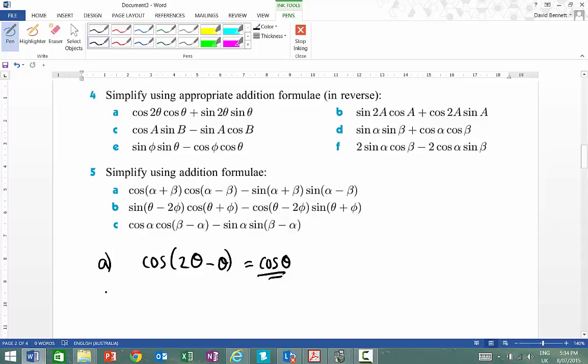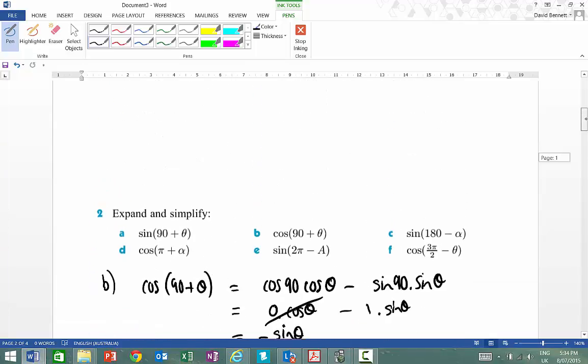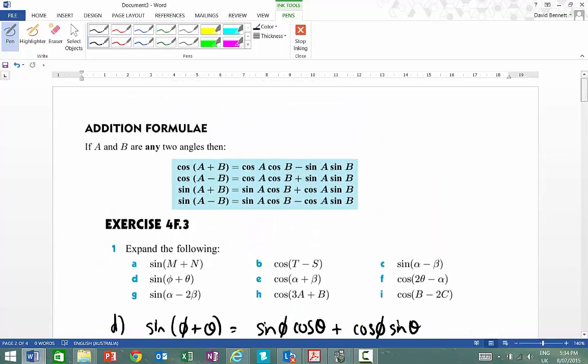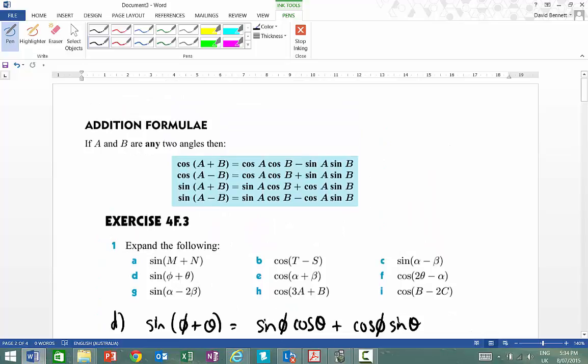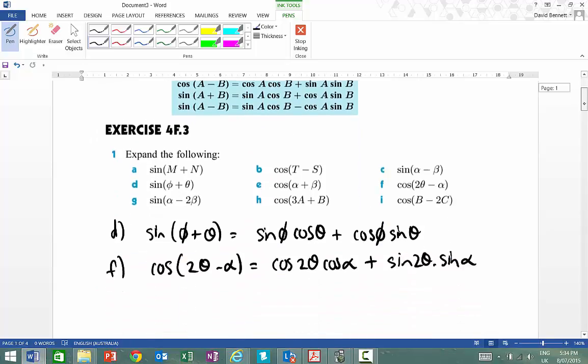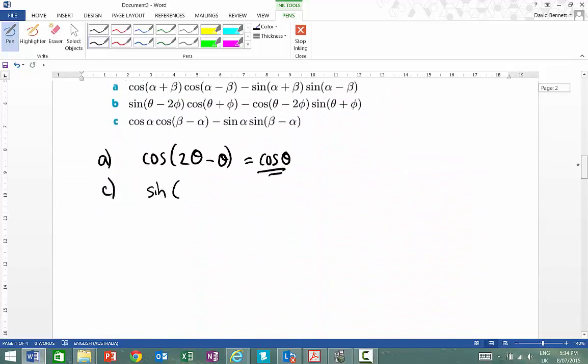If we're looking at, say, C, obviously we've got cosine, sine. So you get the idea that that's definitely going to be the sine rule. So that one there is sine. Now, normally the rule says that sine of B, like the first term, so if we go back to the formula itself, it's sine of A, so it's sine A cosine B. So we should write it in that form there, otherwise we may get it wrong.